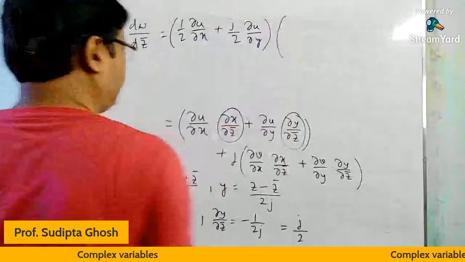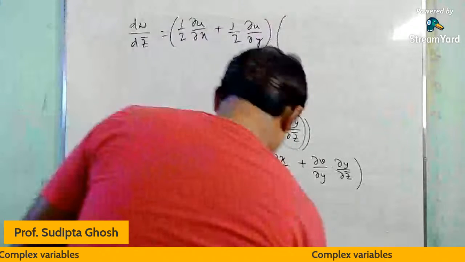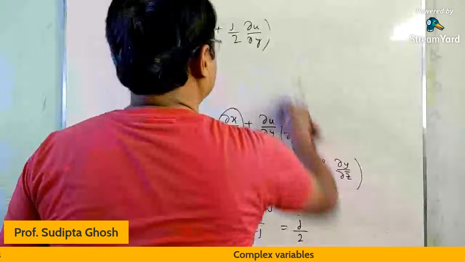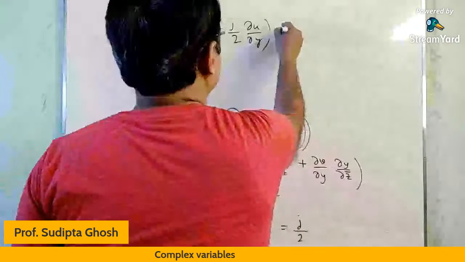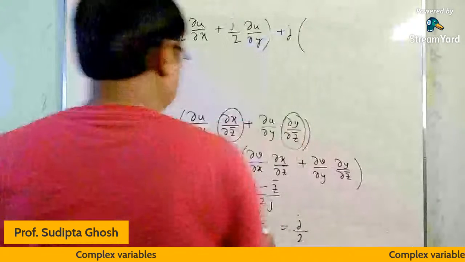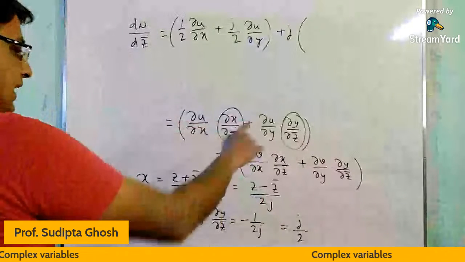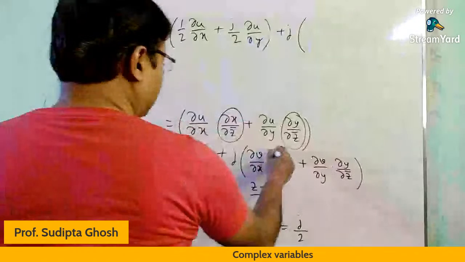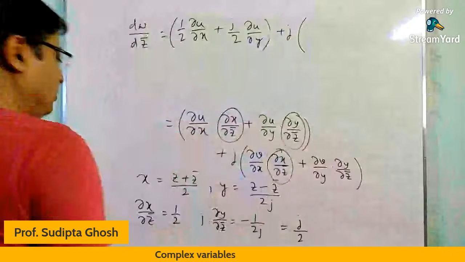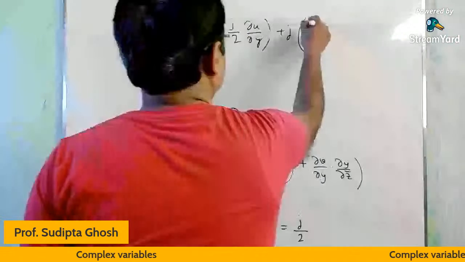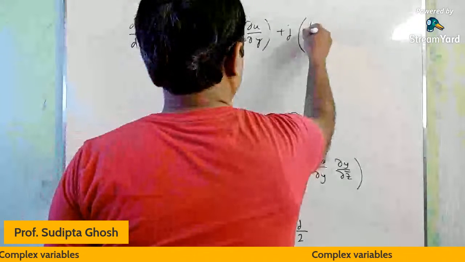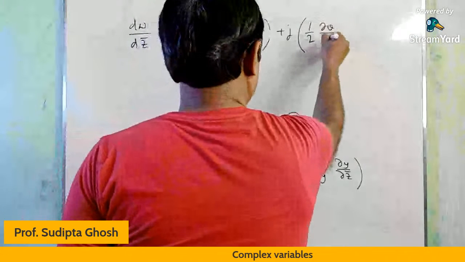Then the second part, that is plus j times ∂v/∂x times ∂x/∂z bar. Again putting the value of ∂x/∂z bar, that is half, we get half ∂v/∂x.